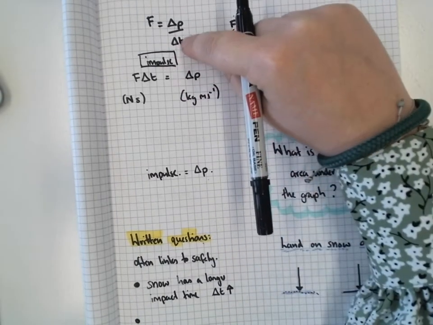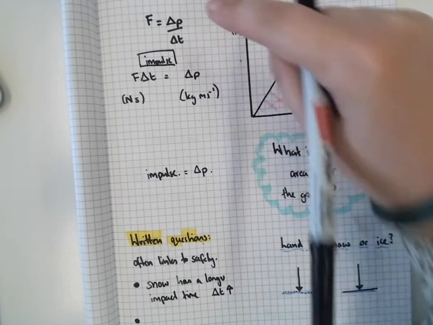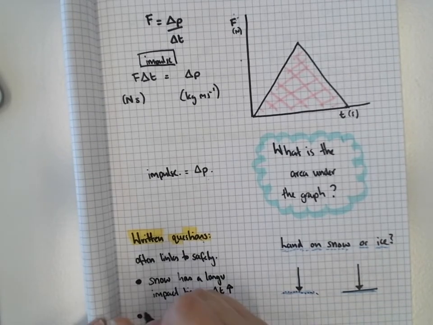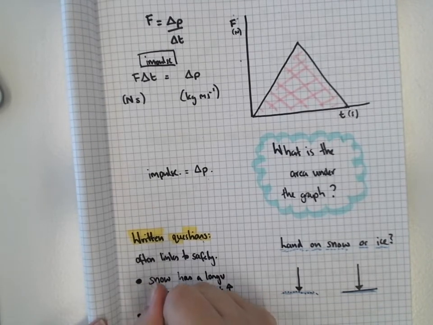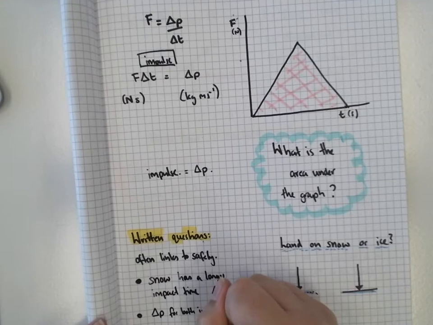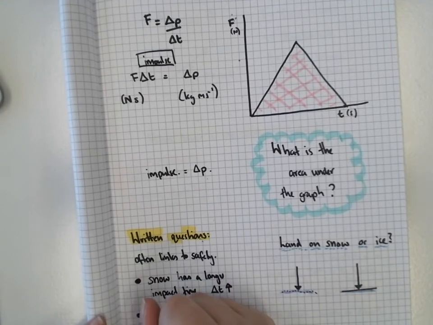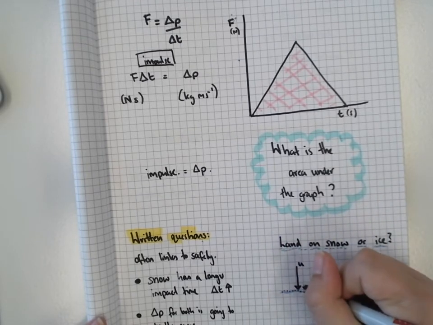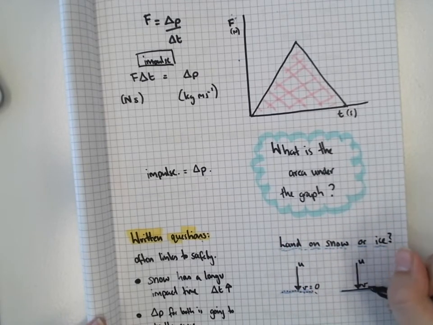Now, if I'm increasing the time, the change in the momentum for snow or for ice is going to be exactly the same. So the change in momentum for both is going to be the same. If you think about it, they're both falling with you, and their change in momentum, they're both going to go to zero.